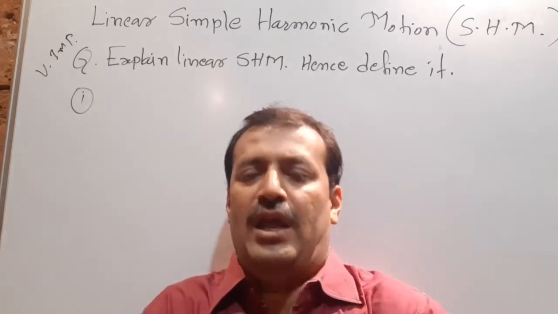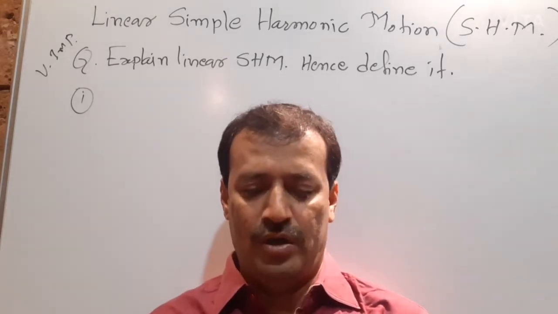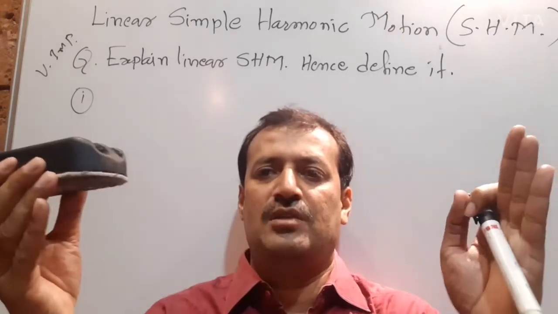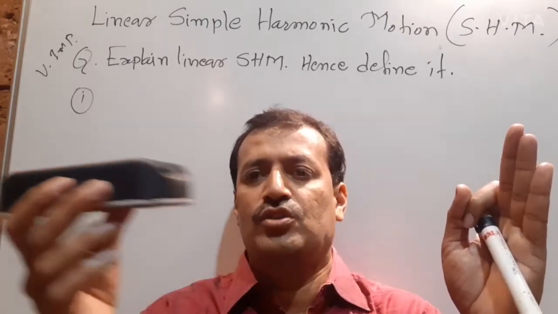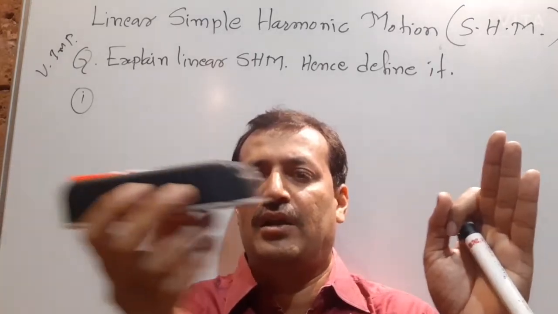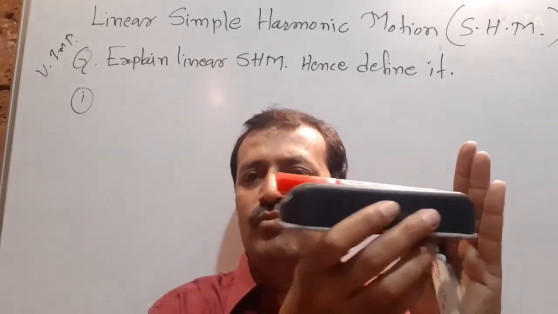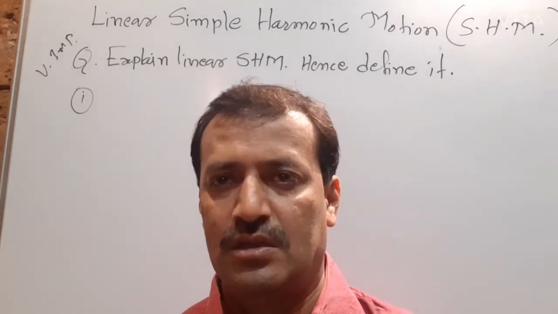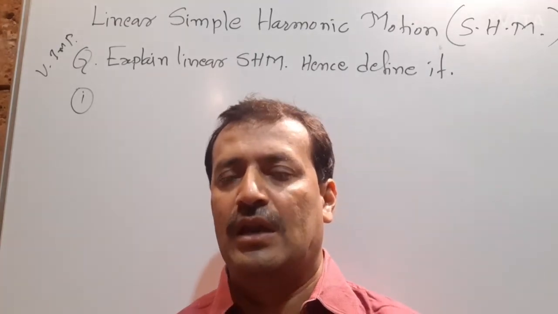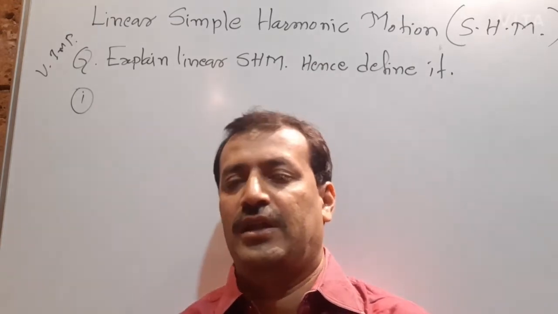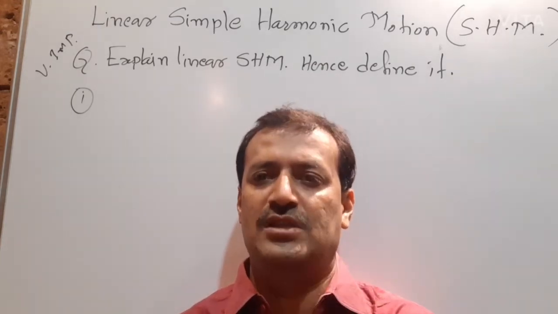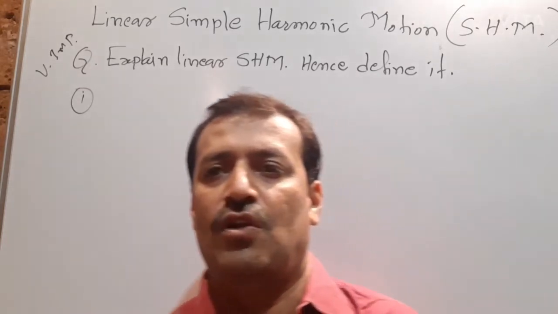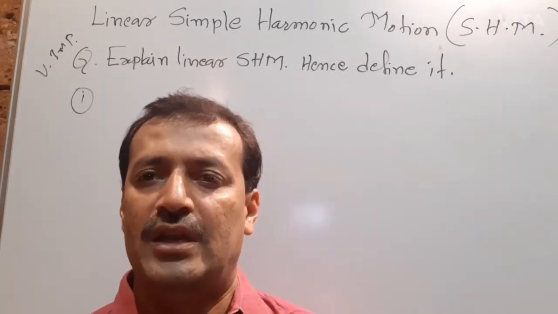Due to the arrangement of the spring, we are going to understand why the block stops at the extreme point, why the velocity of the block is maximum at the mean point, and why it moves to and fro. All these questions can be clearly explained, and this is the explanation of linear S.H.M.